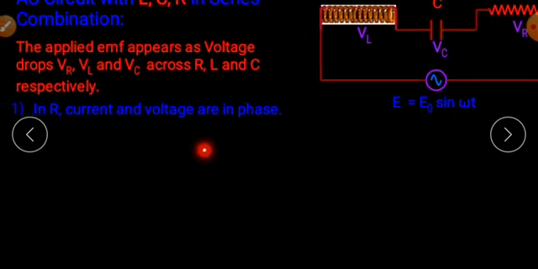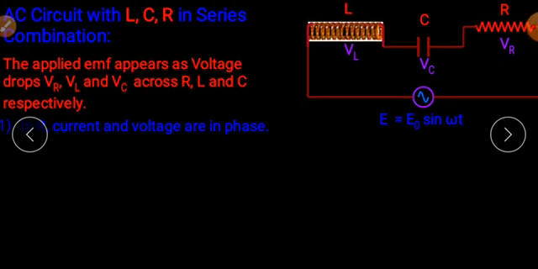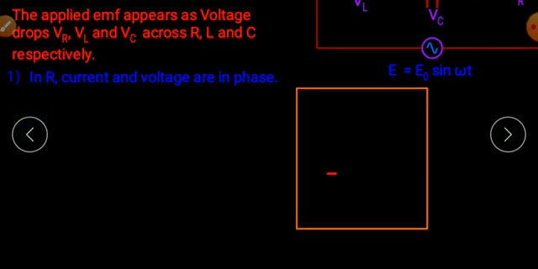In R, current and voltage are in the same phase. So we can draw current and voltage in the same phase.